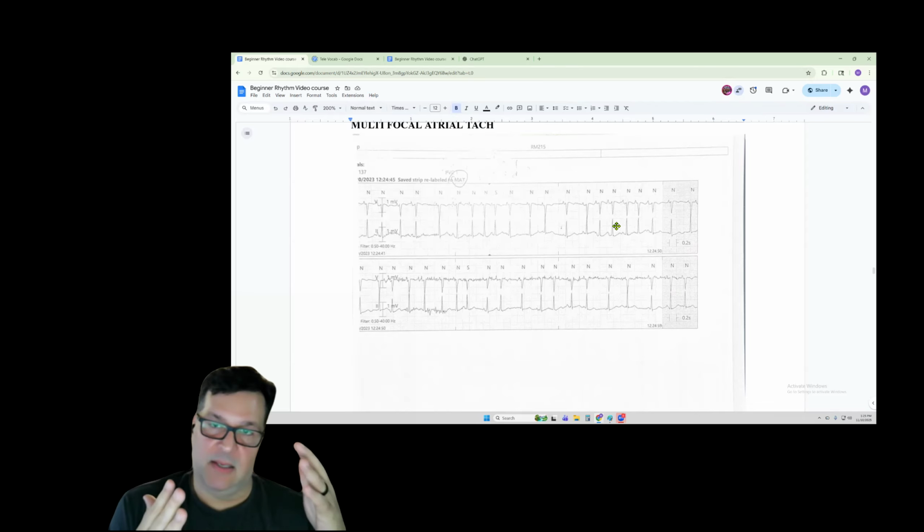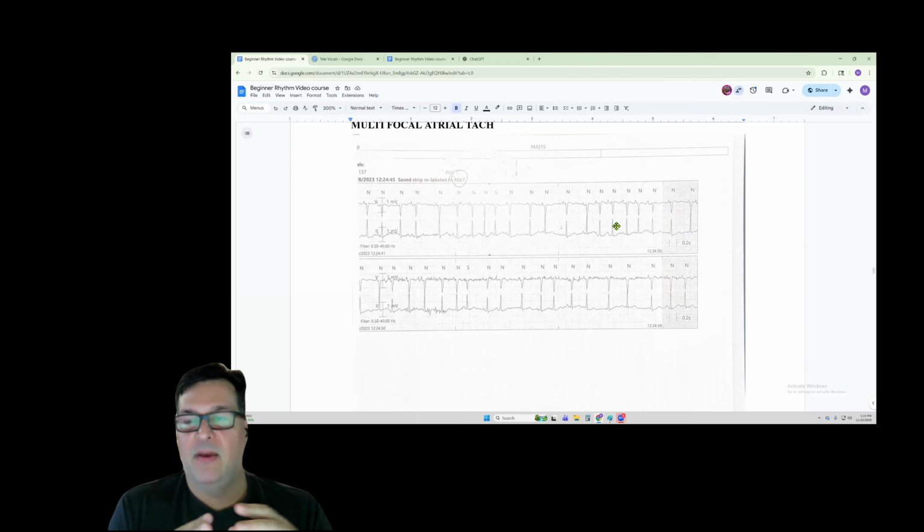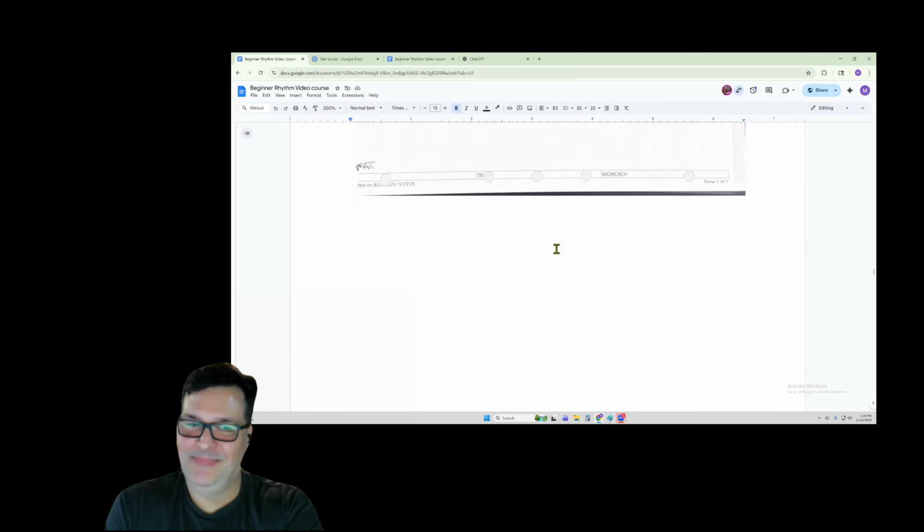Even though excited cells are creating those P waves in different places, it's not AFib, where the muscle is literally in a spasm and just randomly contracting. Got you. Thank you.